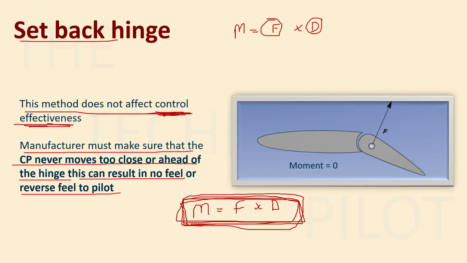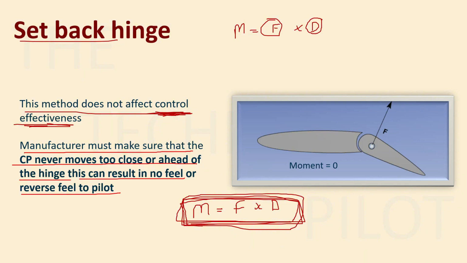So what happens is, if the center of pressure in the earlier diagram was somewhere here, we were calculating the distance d and then we were calculating the moment, right? But if the center of pressure moved ahead and ahead and ahead, at a point it will come onto the hinge.